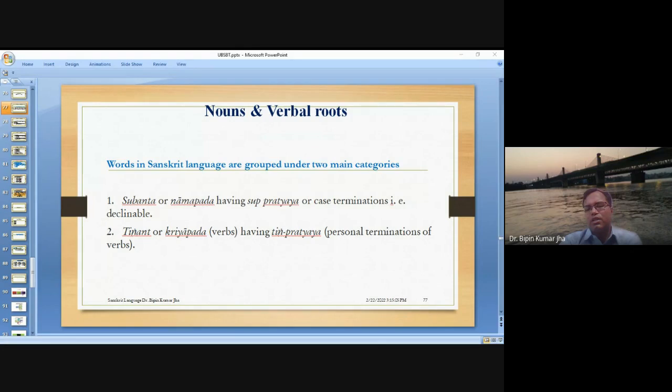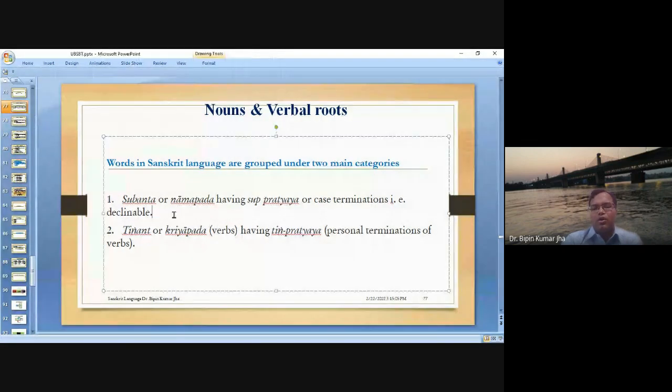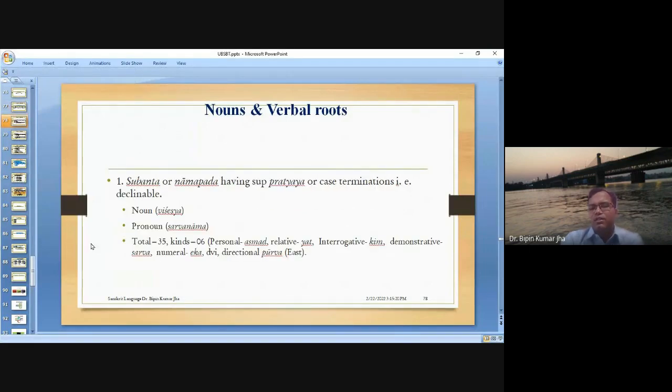Naam, you can identify as noun, pronoun, or adjective. And when we are talking about Akhyat, that deals with Tingant or Varg.